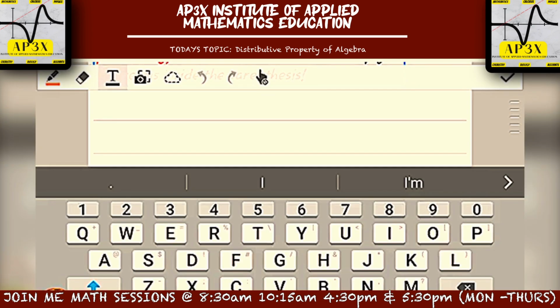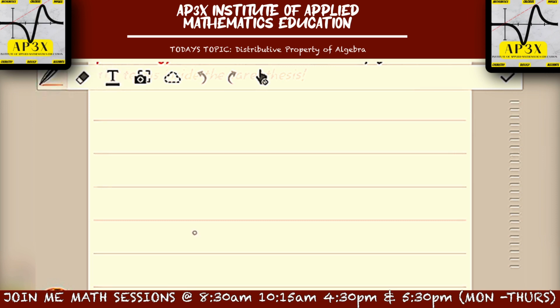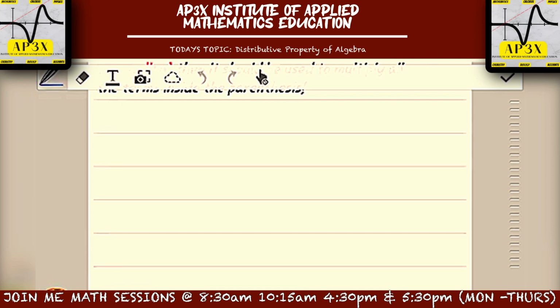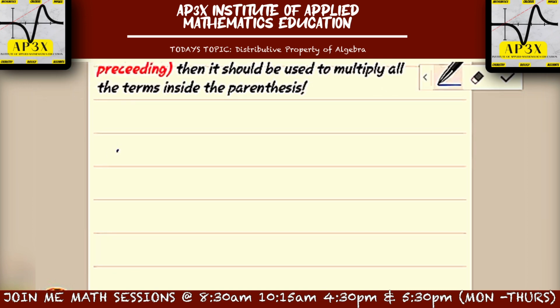What we have is a number 2 outside of a parenthesis, and that is being distributed with, for example, x plus 4. Or let's just use 2 letters, x plus y.